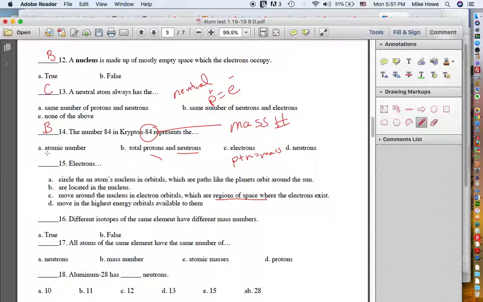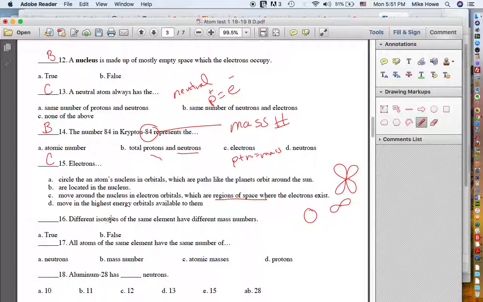So they're in orbitals, and we don't really know how they move inside the orbitals. We know what the orbitals look like. There's an s orbital. Here's a p orbital. Here's a d orbital. It's just one orbital. So we know what they look like because we calculated them using mathematics, but we don't know how they travel in that path, or in that shape, I should say.